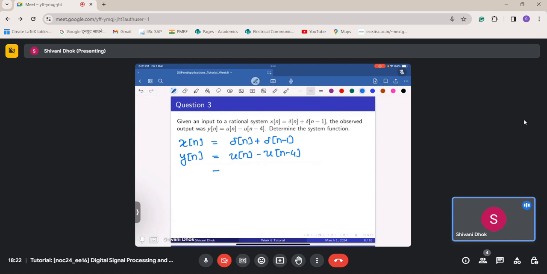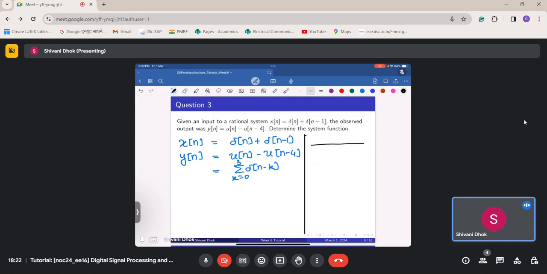Now I can also write this y of n as summation k equal to 0 to 3 delta n minus k. So why is it so?